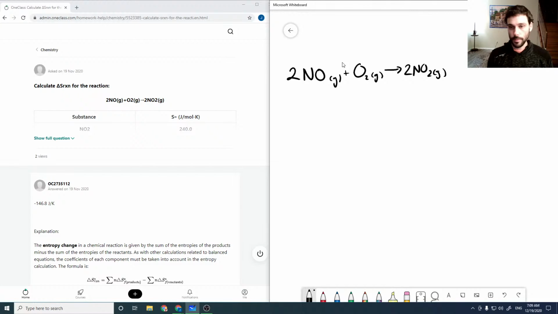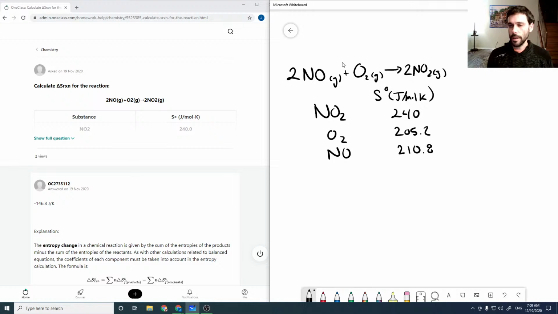And it gives a table of S naughts. So for NO2, our S naught in joule per mole Kelvin is 240. For O2 is 205.2.